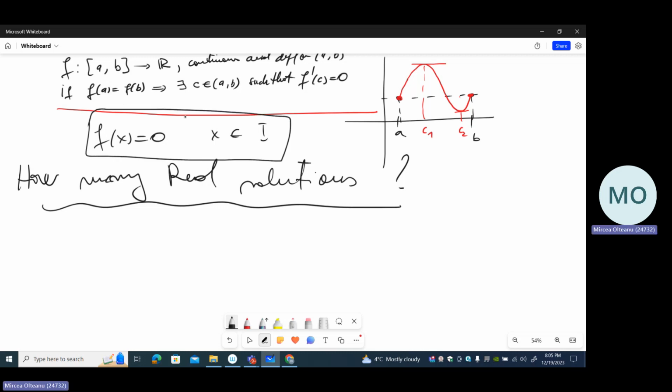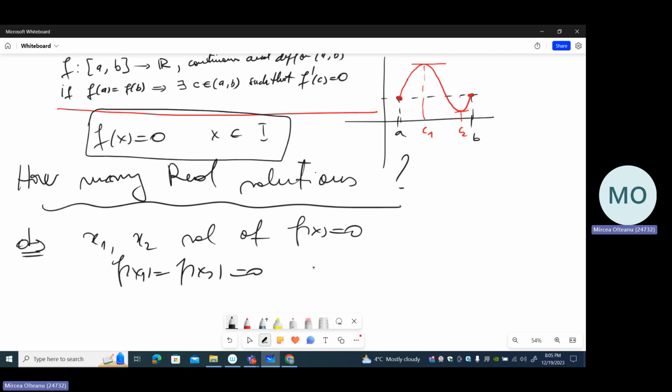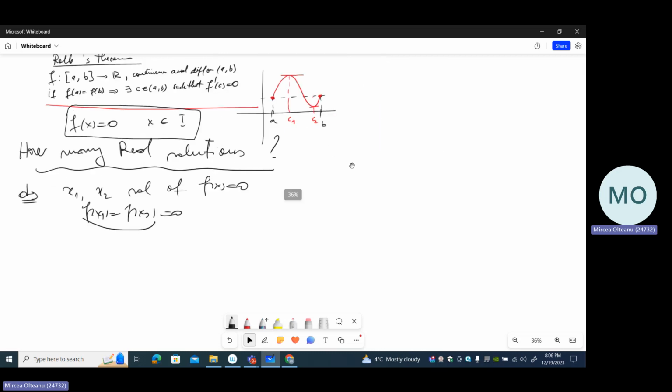So the idea is to apply the previous theorem. Let's make the following observation first of all. Suppose, for example, that x1 and x2 are solutions of our equation. So that means f of x1 equals f of x2 equals 0. That means they are equal. So on the interval x1, x2, if the conditions of the previous theorem are fulfilled, then there must be a point C between x1 and x2 where the derivative must be 0.